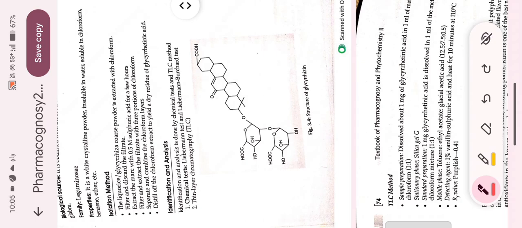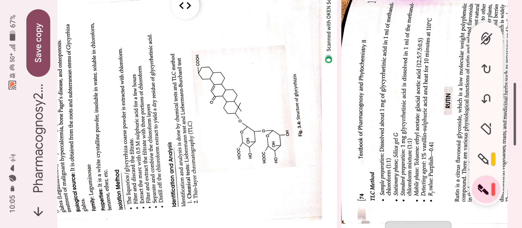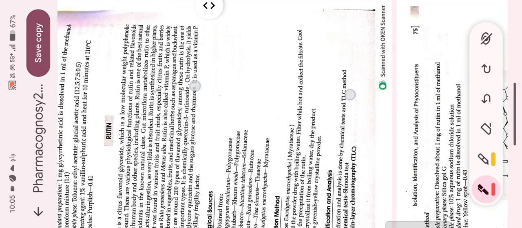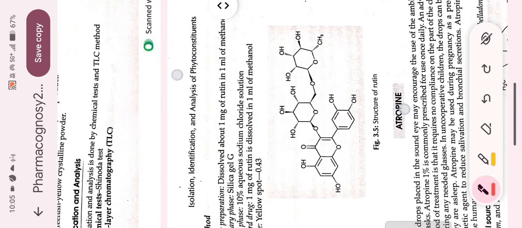I'll just check which structures they are asking for in the exams. Like in the 4th unit also we have reserpine, caffeine, quinine, atropine. Yeah, they'll ask in this unit itself.